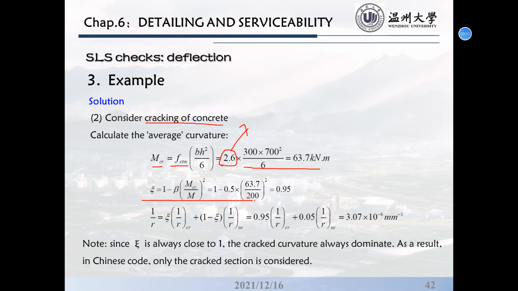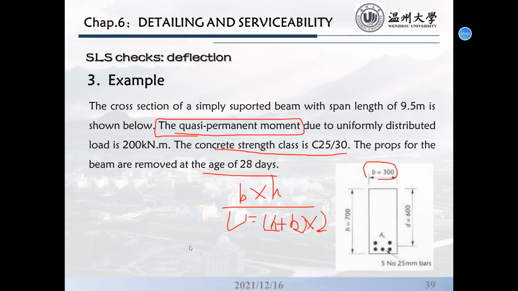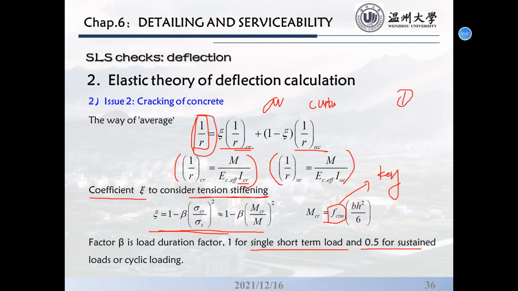The expression value we can get here is 63.7, and for the C, we use these values here, then get the curvature, the average curvatures. And for the epsilon, follow this formula.